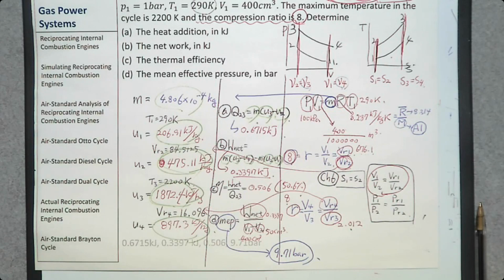If it has like 10 points, maybe 2.5, 2.5, 2.5, 2.5. Because if I give too much credit here, if you miss one, you lose all the points. Doesn't make sense, right? Any question about Otto cycle? So that completes Otto cycle.